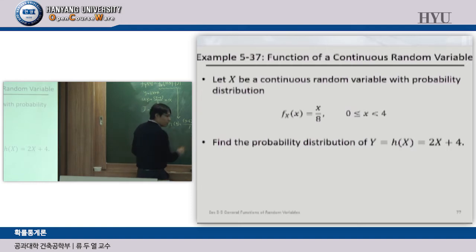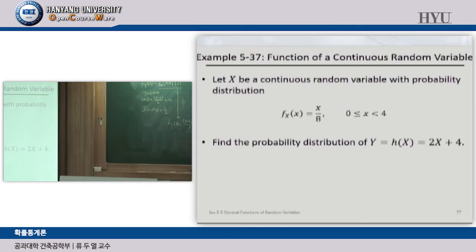And the absolute value of the Jacobian is just 1 over 2, because this is the plus value. So 1 over 2. So this is equal to (y minus 4) over 32.